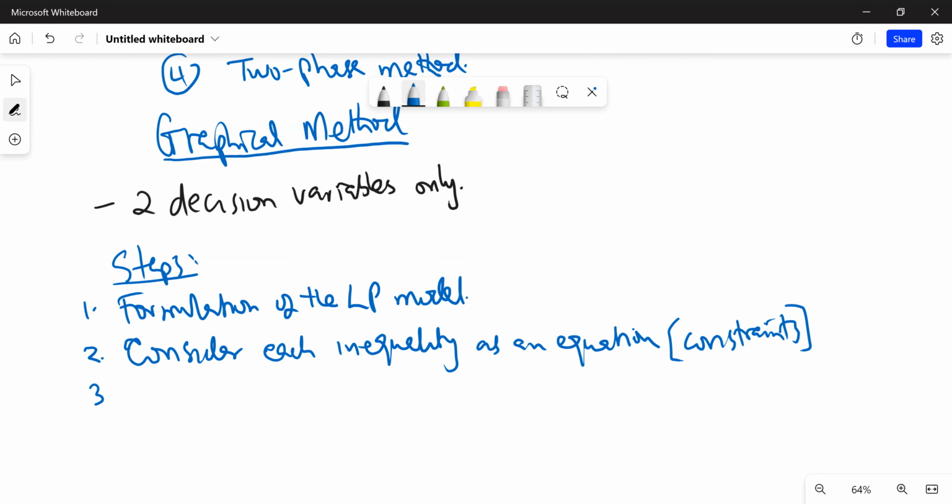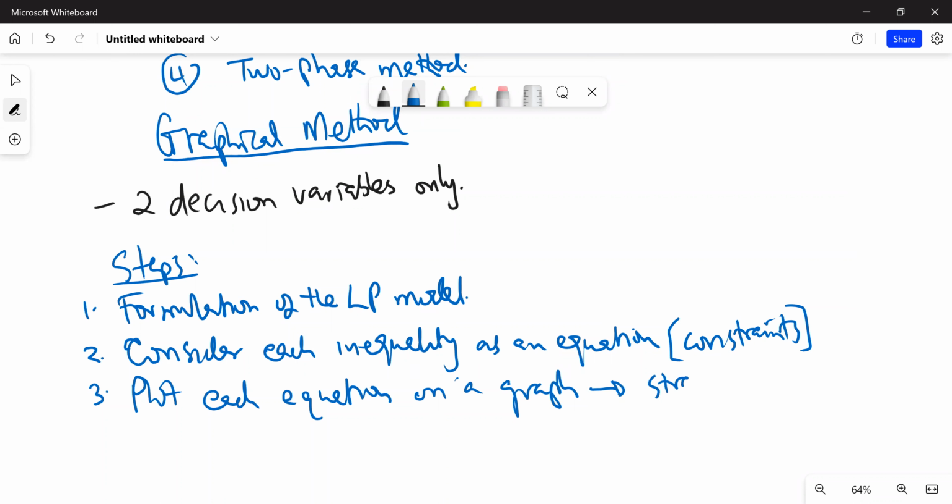Then number three, you plot each equation on the graph. And you'll notice that each one of them will be a straight line. Remember, we're dealing with linear programming. So that means that we shall be dealing with straight lines only.